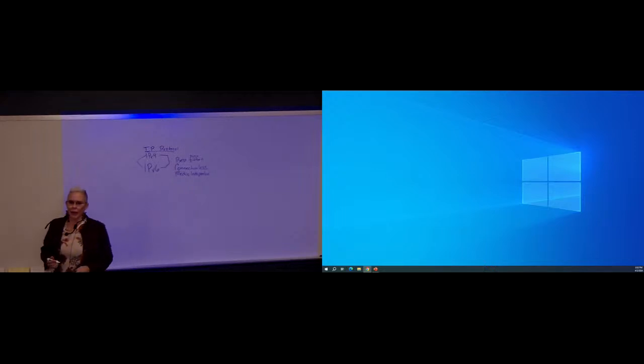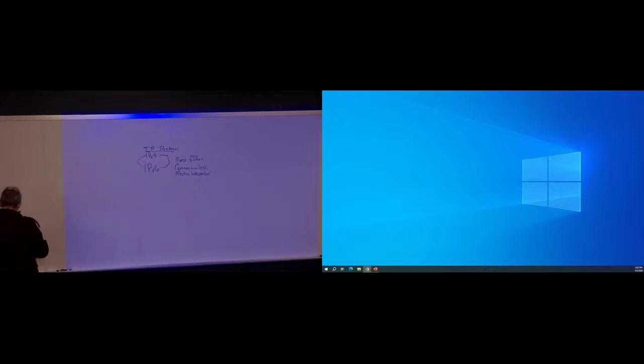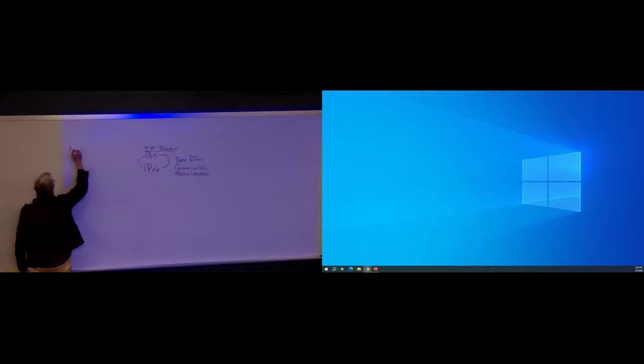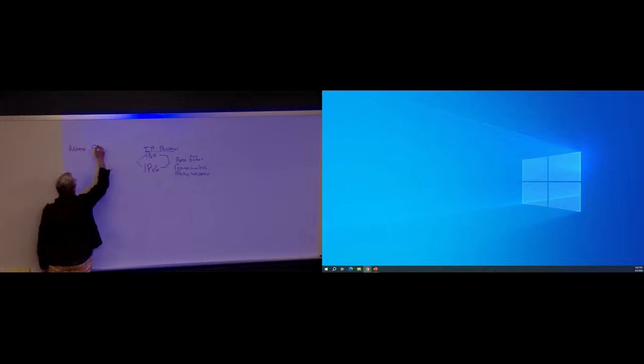One of our first questions is about the IPv6 address itself. So let's talk about all of the things that we know about an IPv6 address. First of all, how many bits are in the IPv6 address? 128 bits.